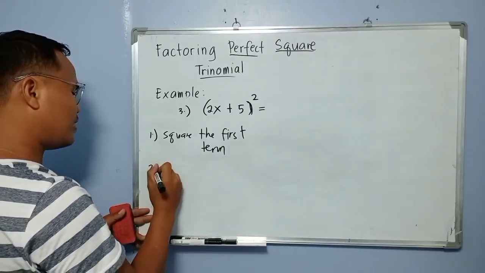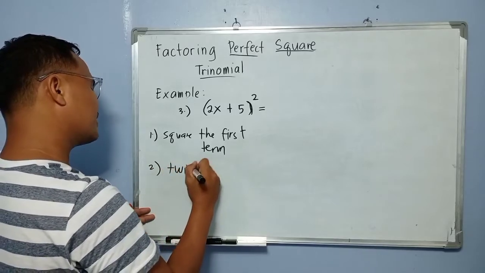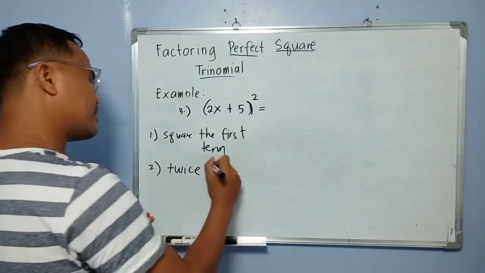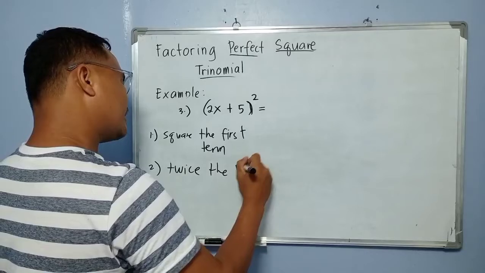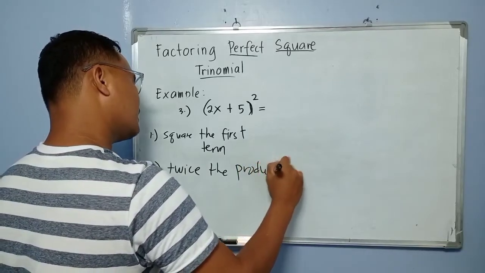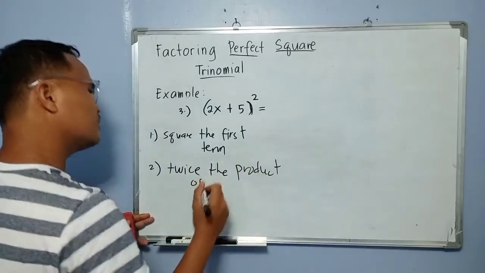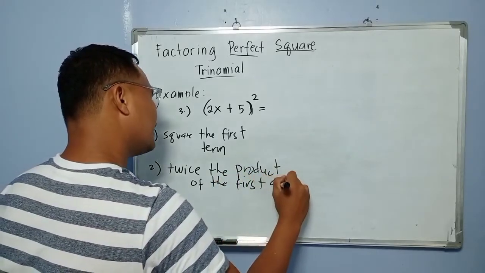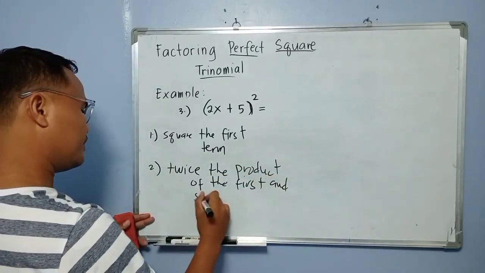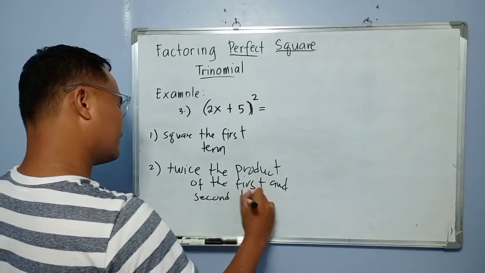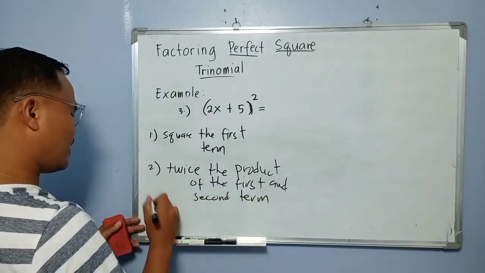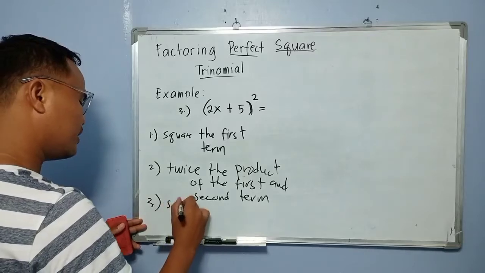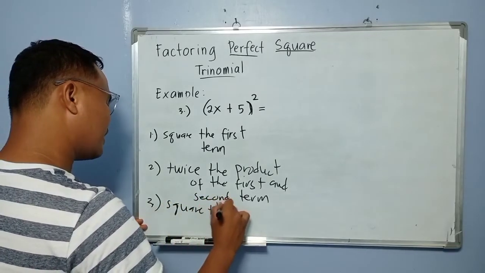The second one is twice the product of the first and second term. And the third one, square the second term.